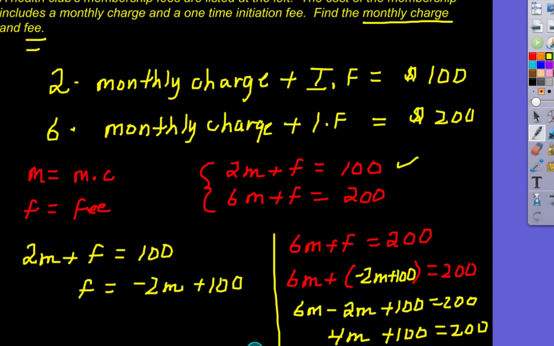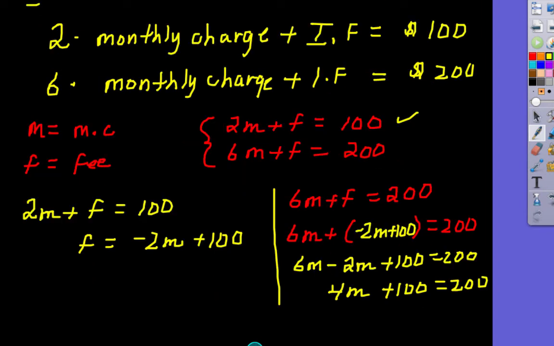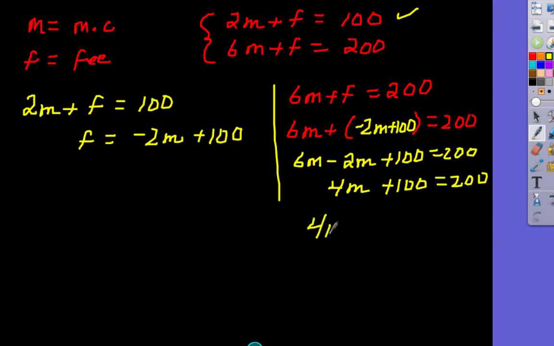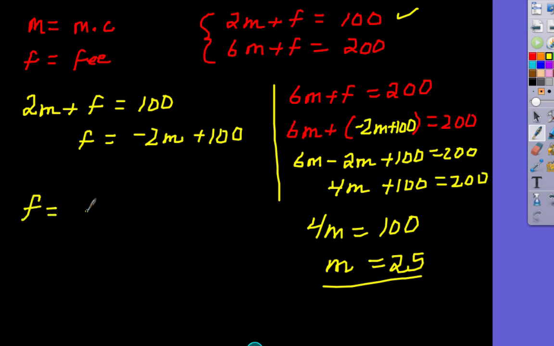So solving for M, we keep on going. We'll drop our page down a little. So you have now 4M equals 100. So M equals 25. So our monthly charge is $25. Now, we know that F is equal to negative 2M plus 100.